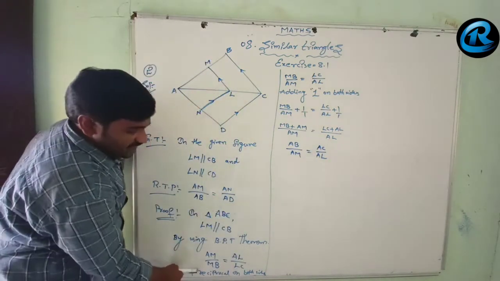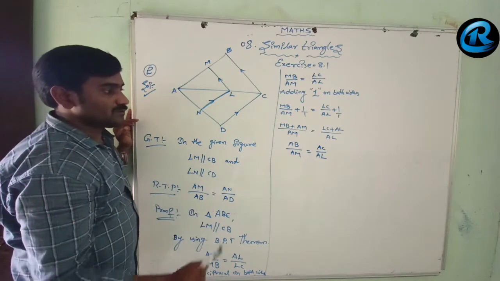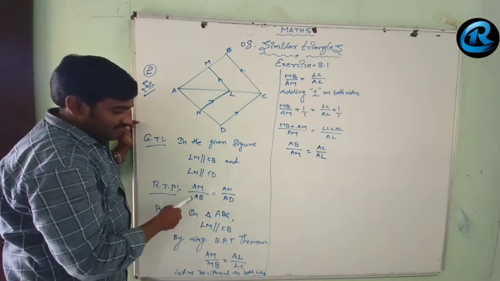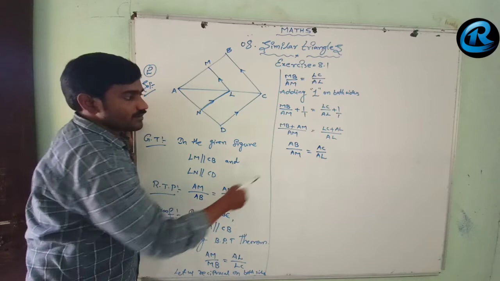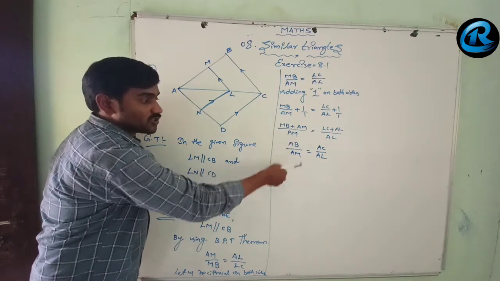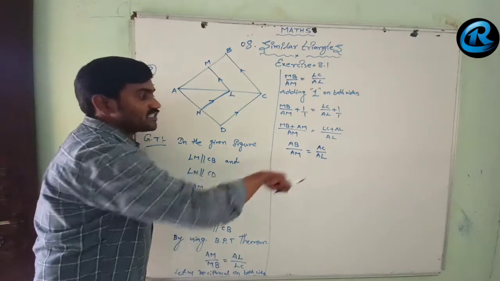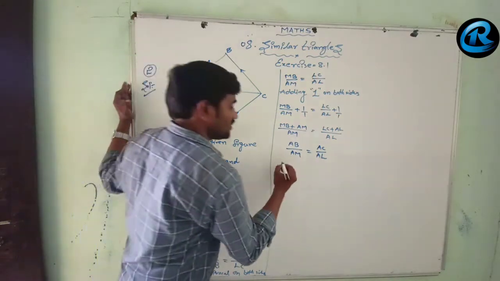Now we already did the reciprocal once, so we do the reciprocal again. Why? In the denominator we require AB, here we have AB in the numerator, so this AB should come in the denominator. Already once we have done the reciprocal, now we will change it back to the as-is position.